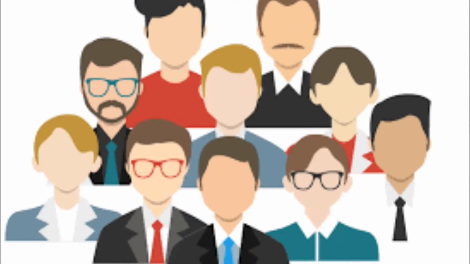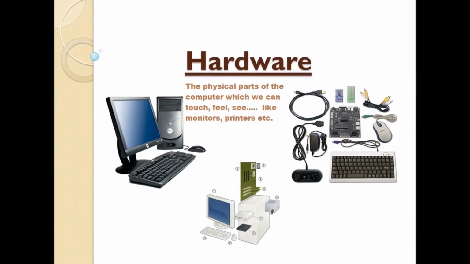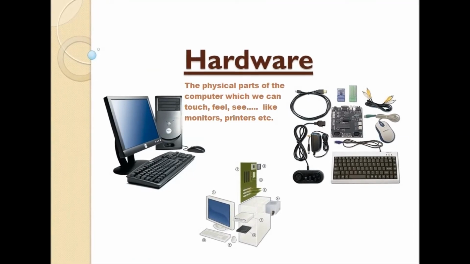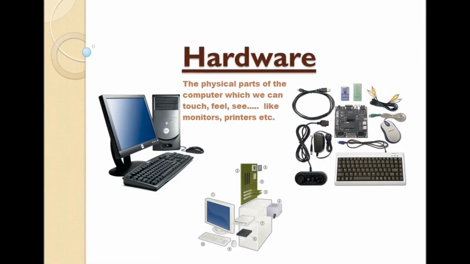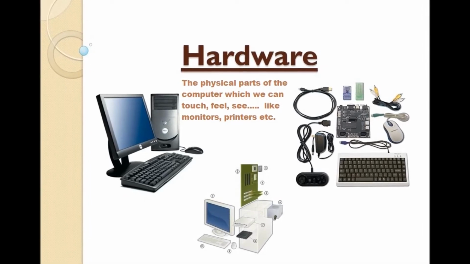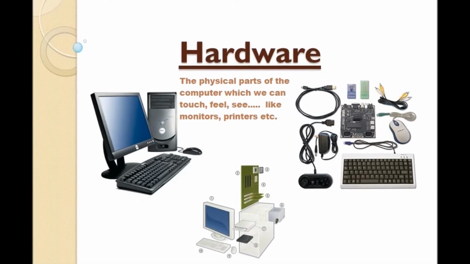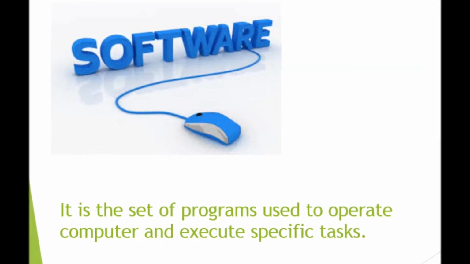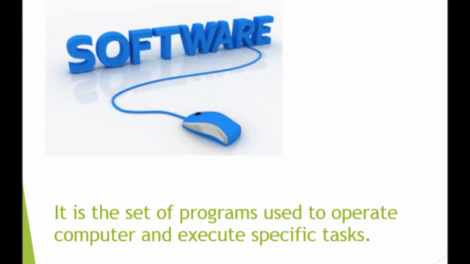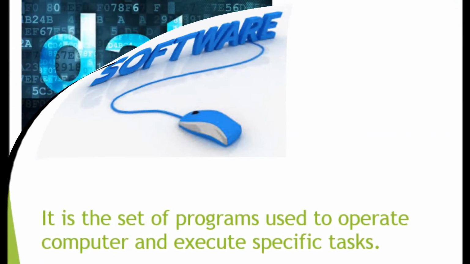And hence, we need to brush up the basic definition of these things. So what's a hardware? They are the physical parts of the computer which we can touch, feel, see, which includes devices like monitors, printers, etc. What's a software? It's a set of programs used to operate the computer and execute specific tasks.